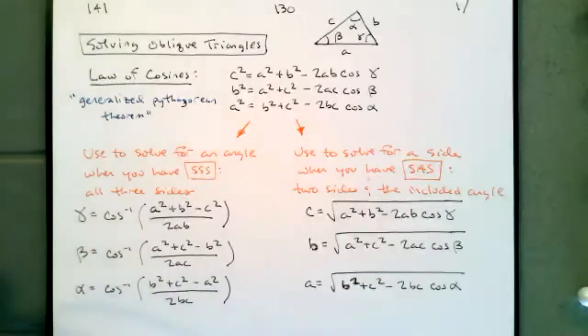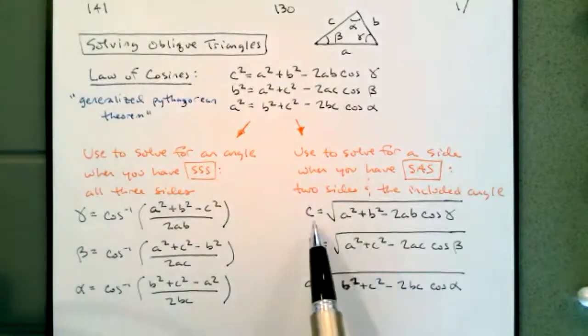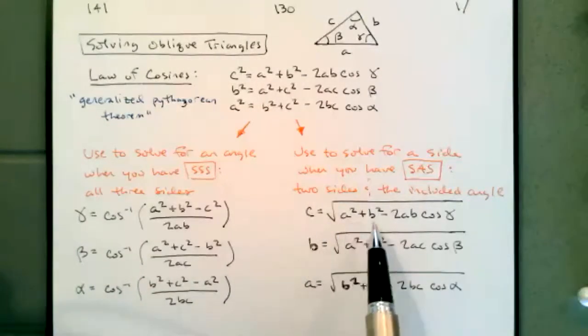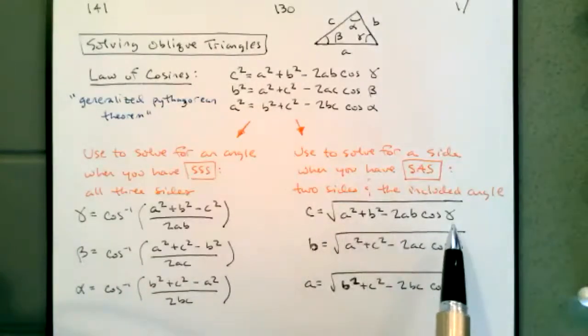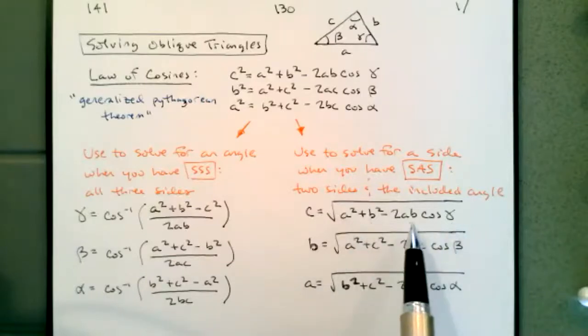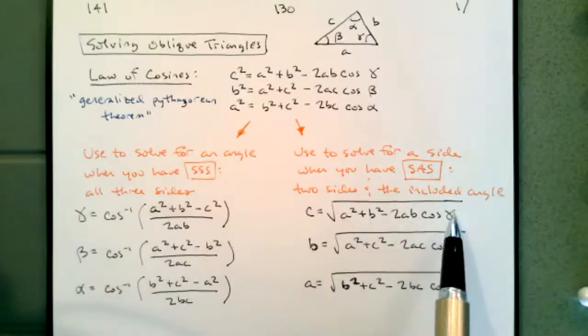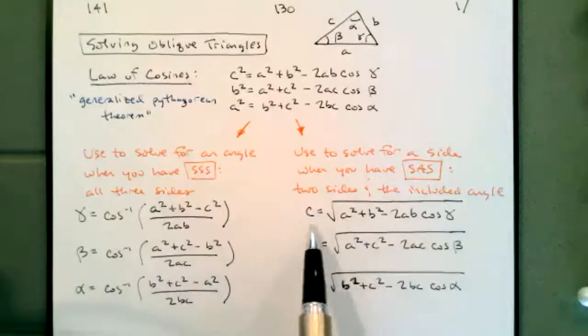We can also use the law of cosines to solve for a side. If I want to solve for side C, notice that I need A and B and the angle gamma. I need A and B, they show up twice, but the angle gamma, I need the angle opposite the side that I'm looking for.